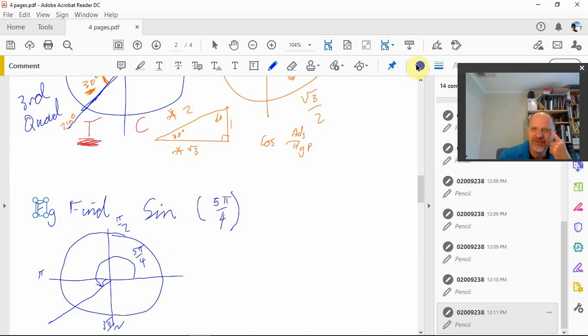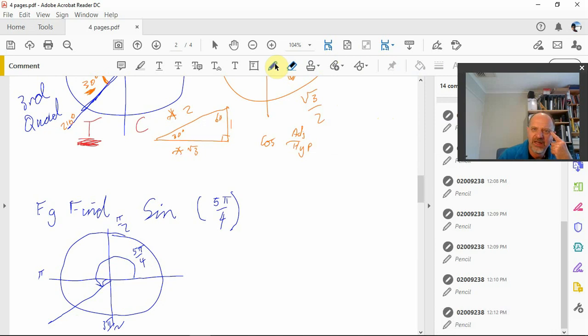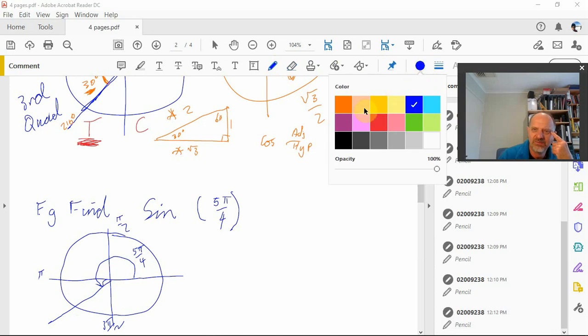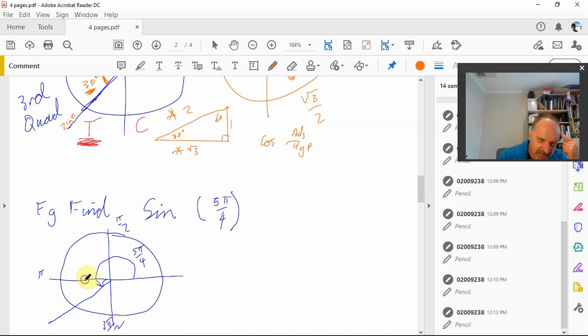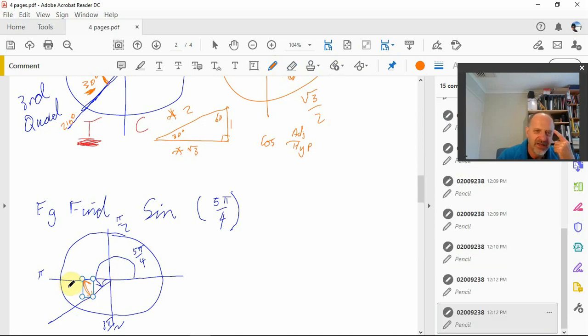So our reference angle is this angle here between the x-axis and the line. And if it's 5 pi on 4, 1 1/4 pi's, this angle here is pi on 4.